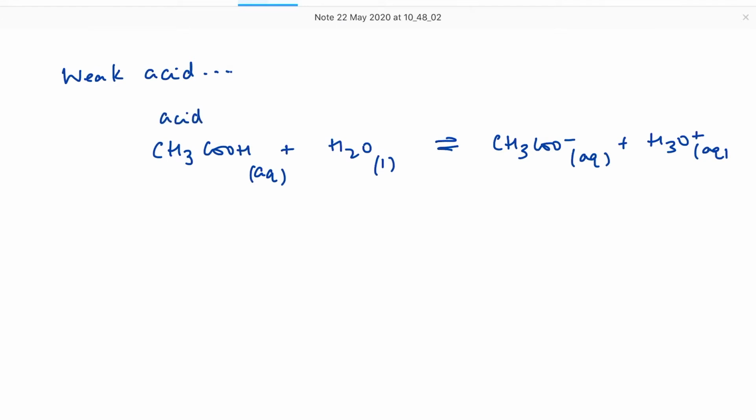Ethanoic acid is behaving as the acid because it is donating its proton to water. So in this particular case, water is behaving as a base.